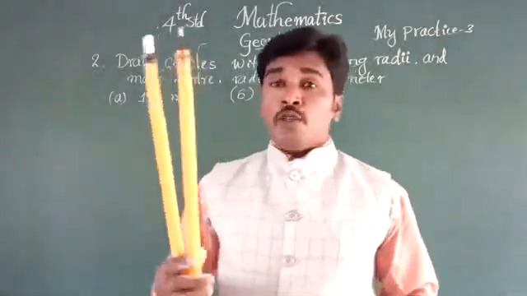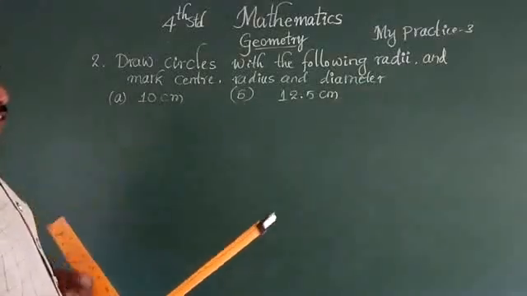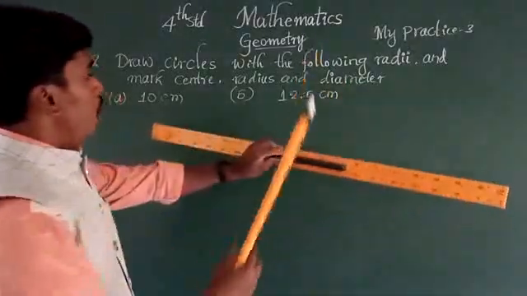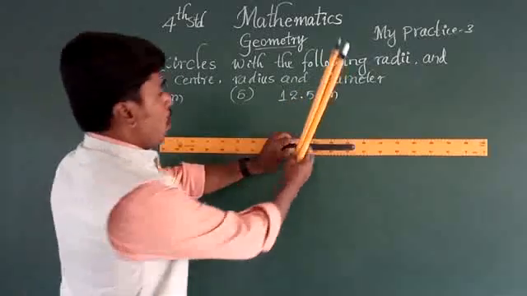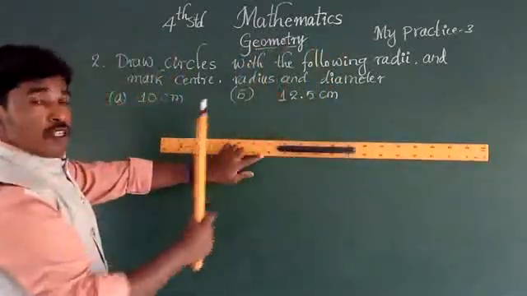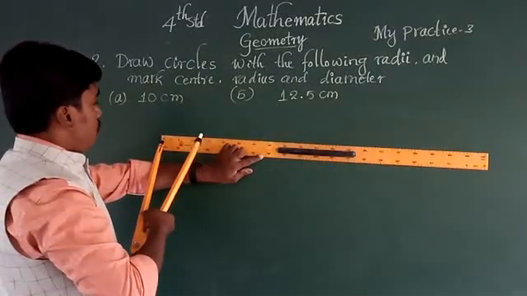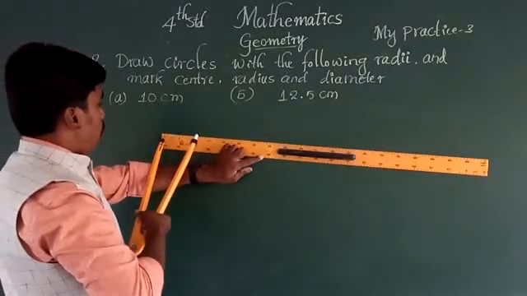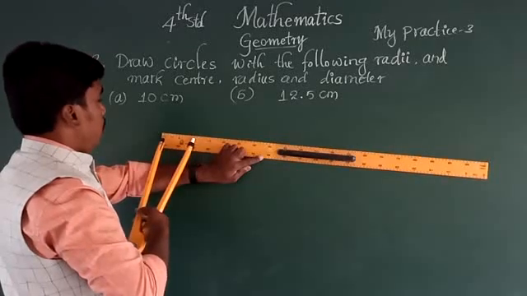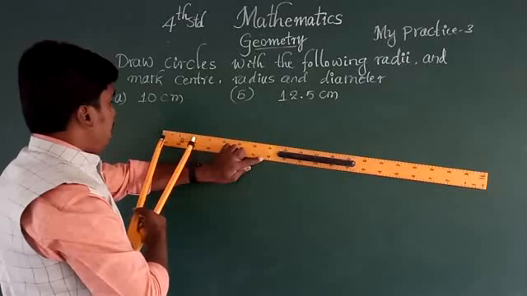Dear children, how to take the radius of 10 centimeter? Take out the ruler and keep the pointer at 0 and fix it. One pointer is at 0 and the other point, on your pencil, should be at 10 centimeter.